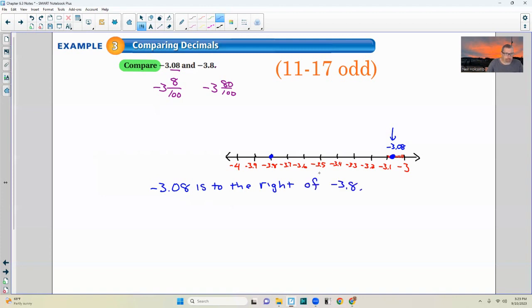Okay, so we make a sentence and say where it is with respect to the other, and therefore we can say -3.08, then make a box and then put -3.8. So since this is to the right, it is greater than. Okay, and that's comparing decimals. So now with me doing the last two examples, you should be able to do numbers 11 through 17 odd in your exercises.